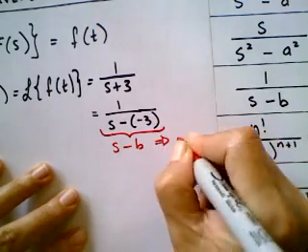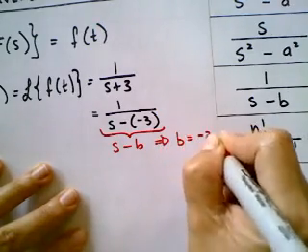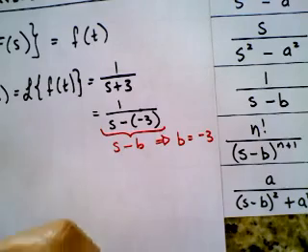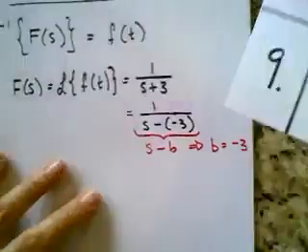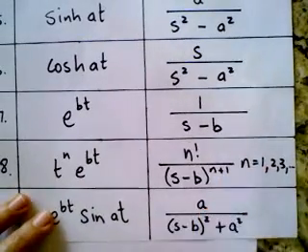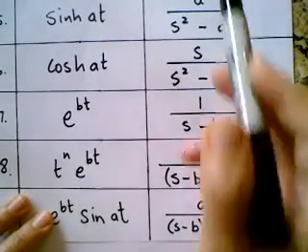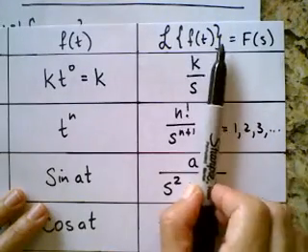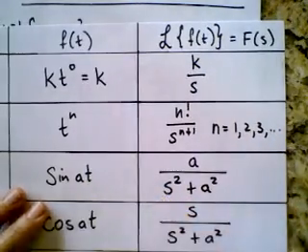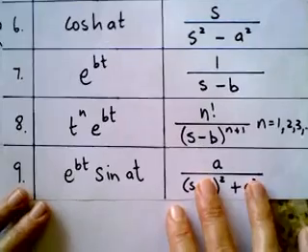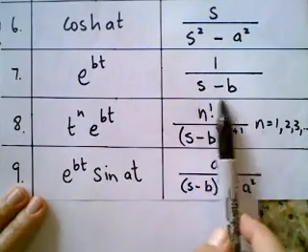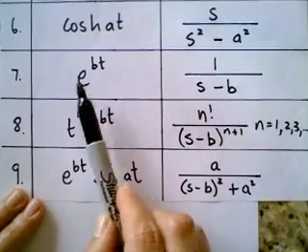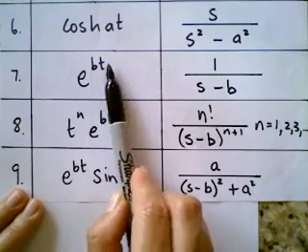So in this case, your b is going to be minus 3, right? So if we go back again to the table, you look at your table, s minus b, you want to go from this column back to f of t, which means you want to go from 1 over s minus b back to e to the bt.